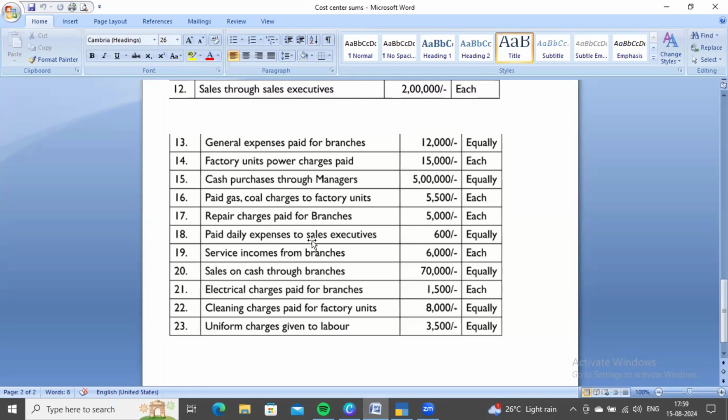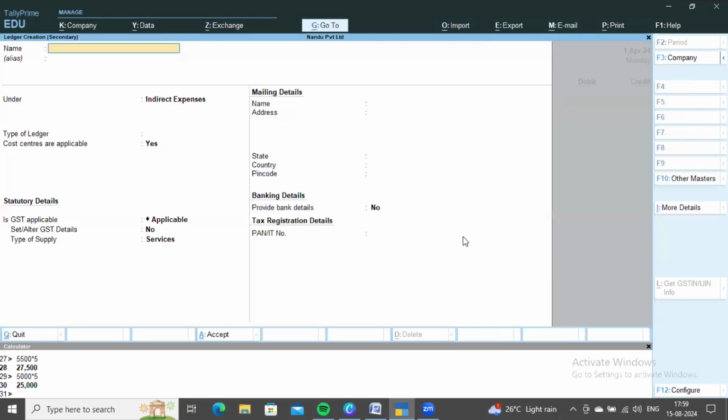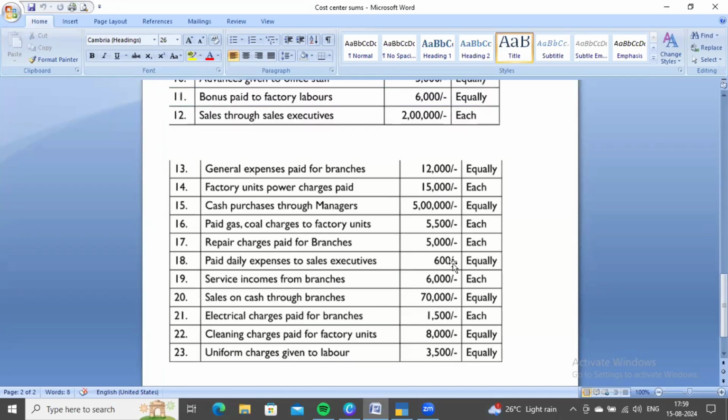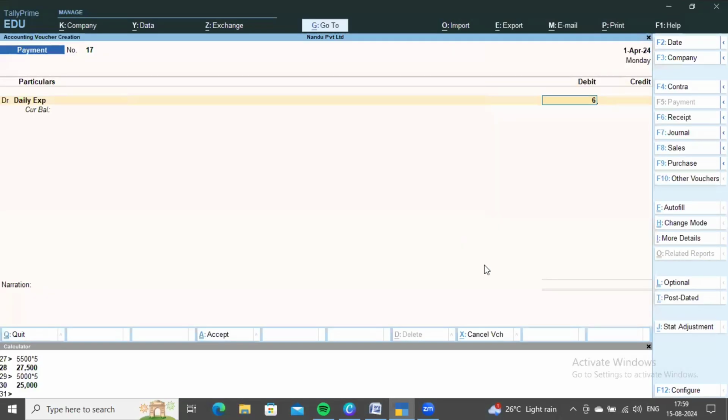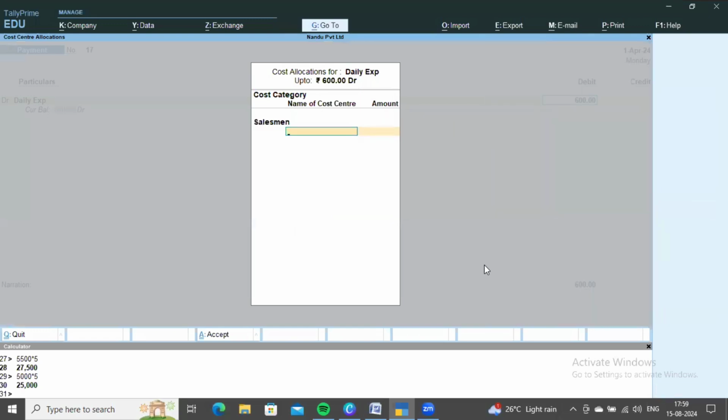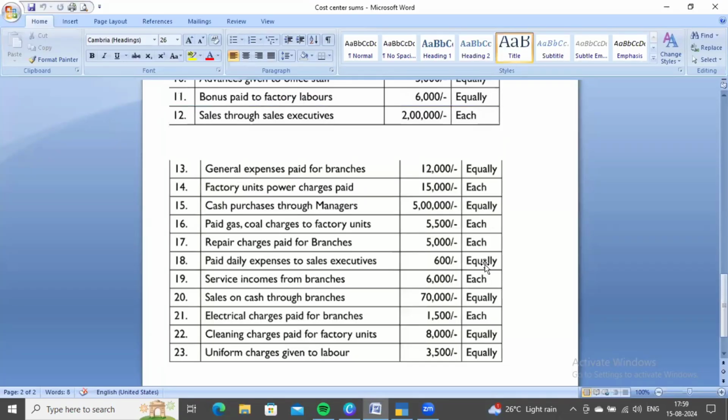Next, paid daily expenses to sales executive. 600 equally. So you need to create a daily expenses ledger account under indirect expenses. The total amount is 600. Sales executive is nothing but salesman, right?